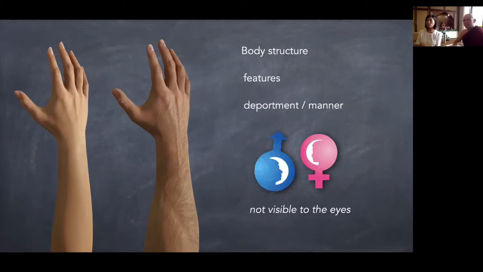In those ways we can understand it, but this is a kind of matter that is not visible to the eyes. The important thing is that it is all over the body, everywhere. It's not just a sexual organ. That is masculinity or femininity. Everybody okay? Good. Okay, so let's go ahead.